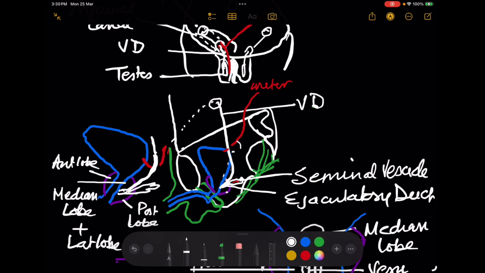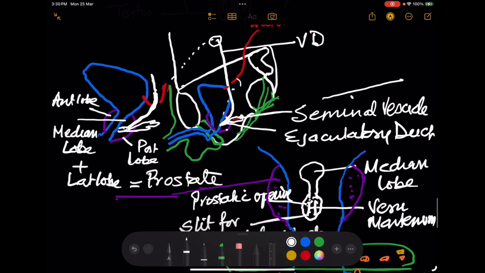And then it combines with the duct from the seminal vesicle, which becomes the ejaculatory duct. And the ejaculatory ducts of both sides open into the prostatic urethra. So the prostate has an anterior lobe, a median lobe, a posterior lobe, and 2 lateral lobes. So that's the formation of the prostate.